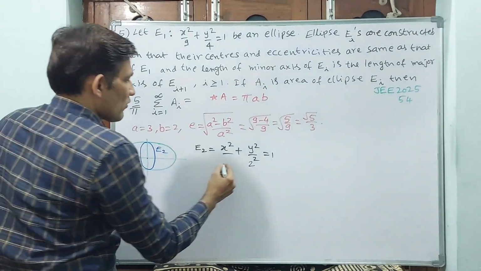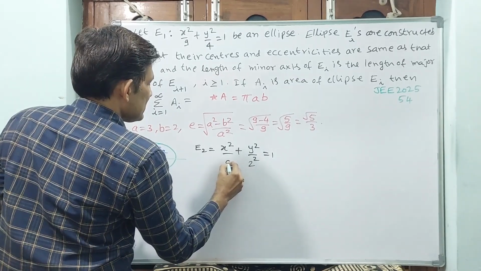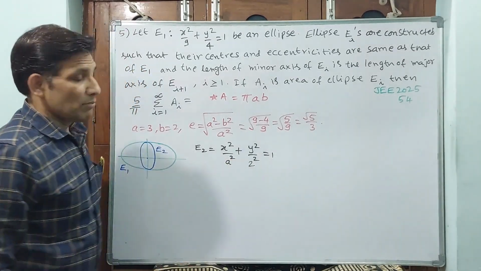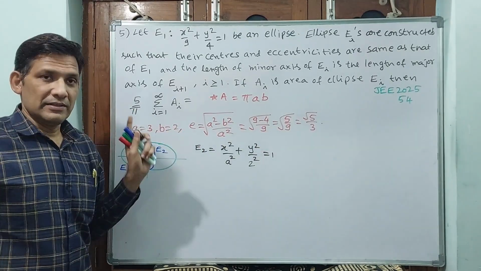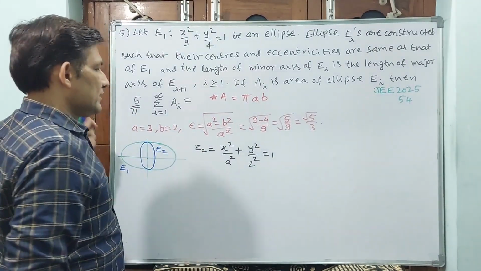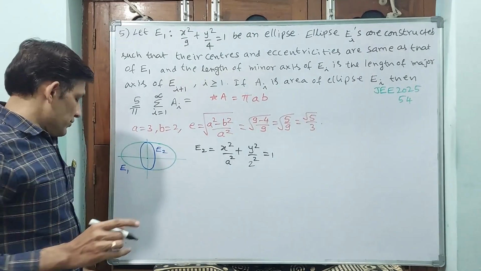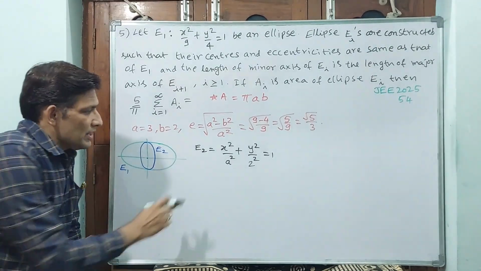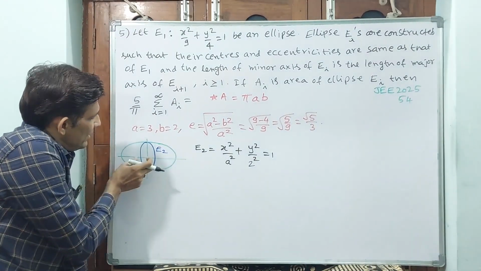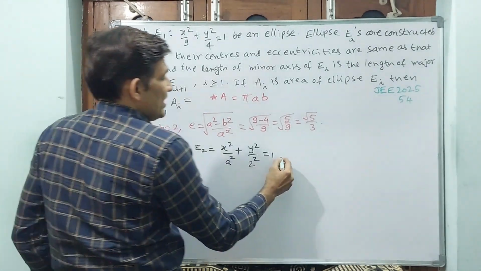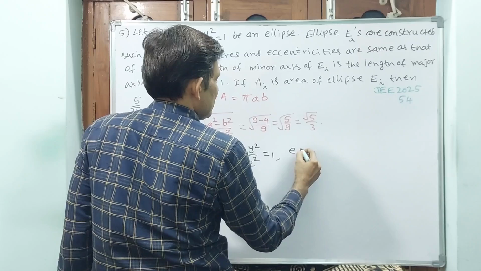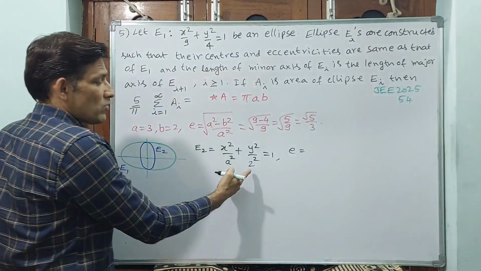But how are we going to find a square here? We don't know, but we can find, because root 5 by 3 is common for all. Now you tell me, here a square is on the x axis. For finding e, what do you have to write?